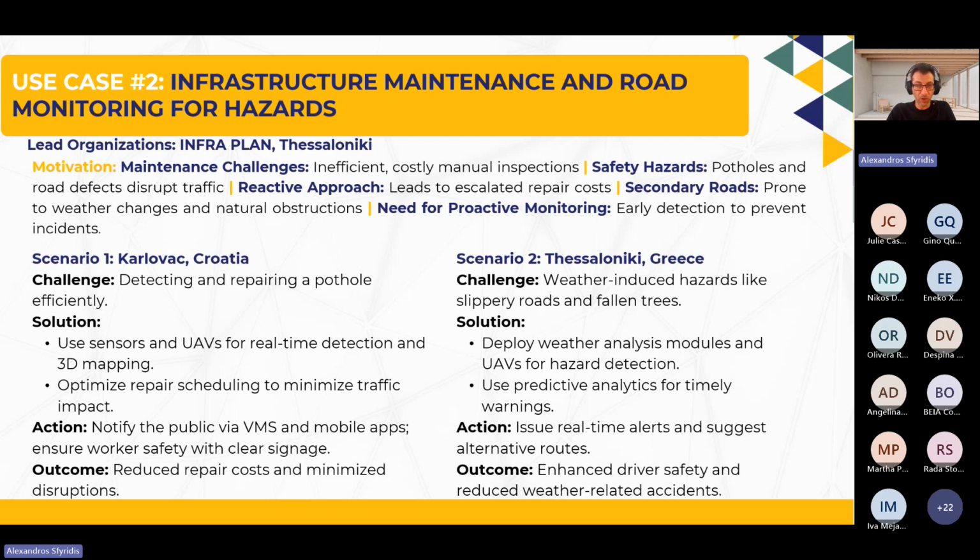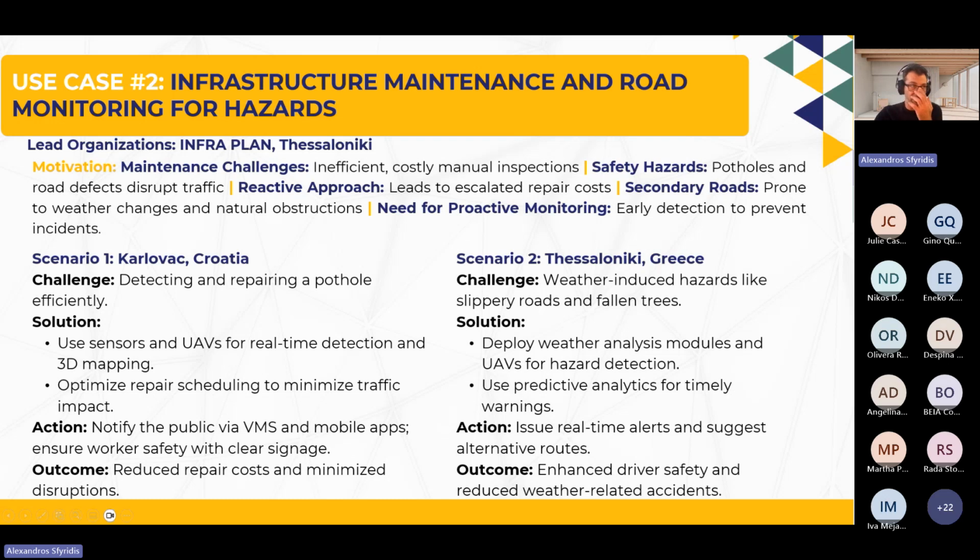also workers' safety. So in the second scenario, that's in Thessaloniki, Greece, the focus is the real-time hazard response in adverse weather conditions, like when we have heavy rain, winds, fallen trees, or rocks due to weather conditions, for example.